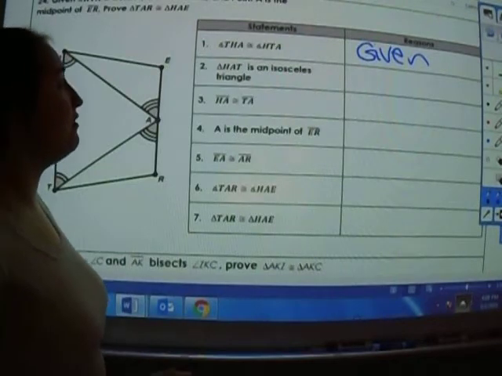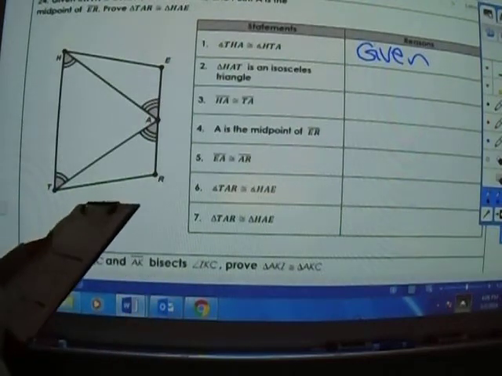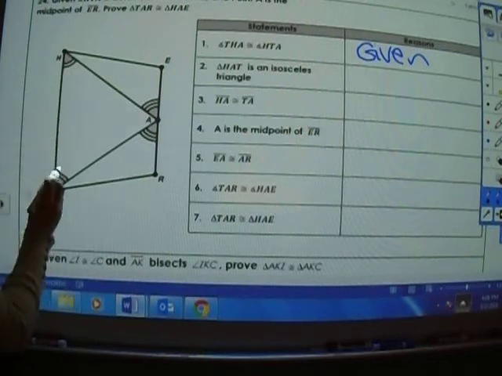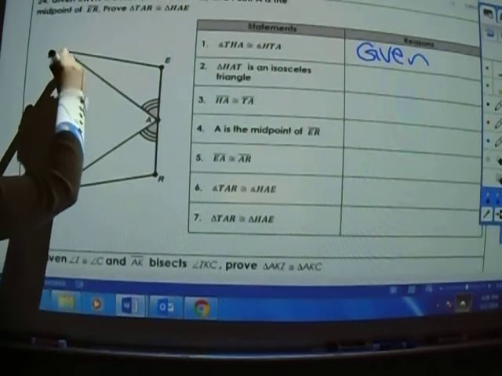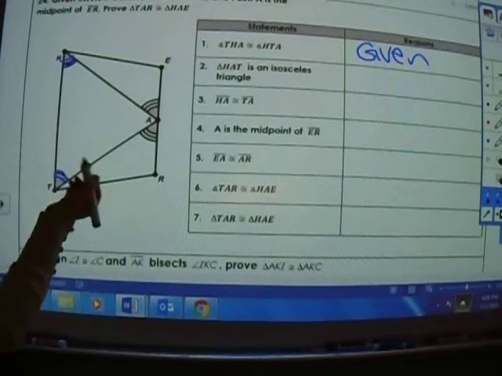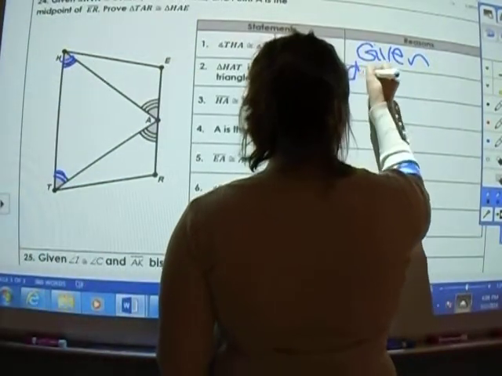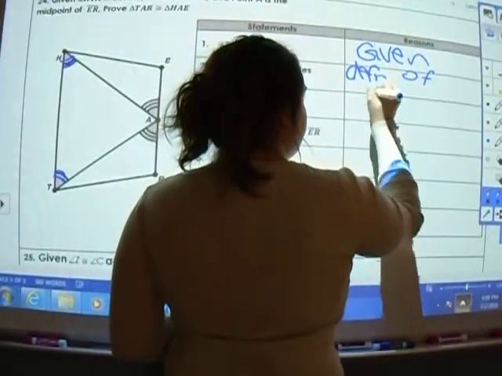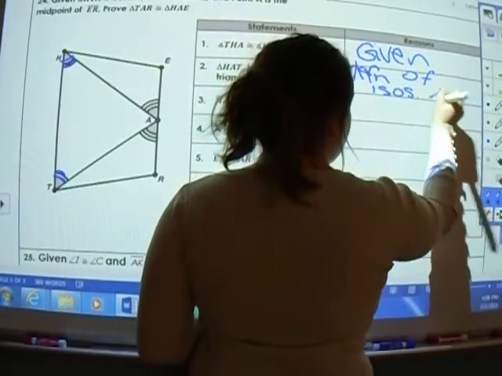We're not told that triangle HAT is an isosceles triangle. However, we know that, because these two angles are congruent, that makes it an isosceles triangle, right? So this is the definition of an isosceles triangle.